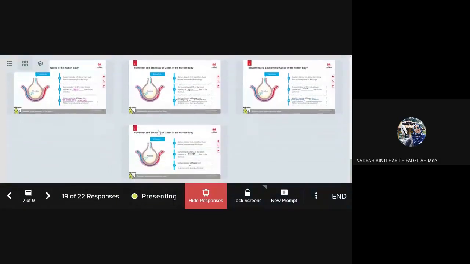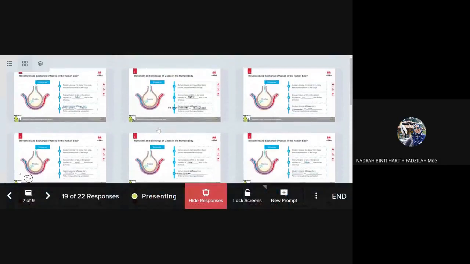When carbon dioxide enters the alveolus, it will be removed during exhalation. Okay, so sebenarnya anak-anak, up until now, we are introduced with two different types of respiration.